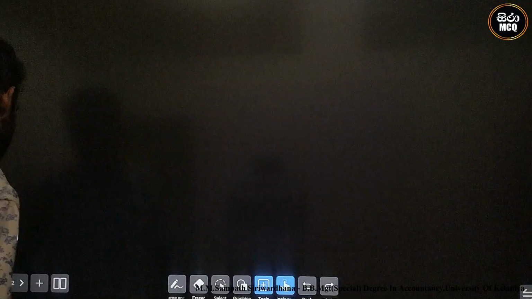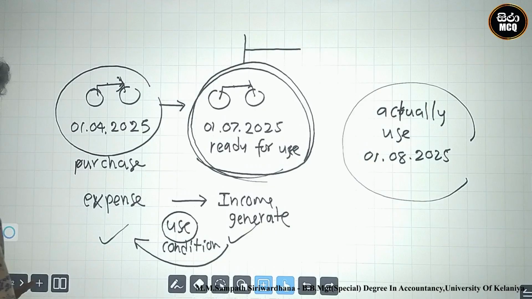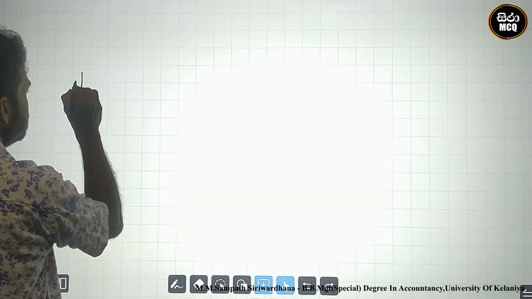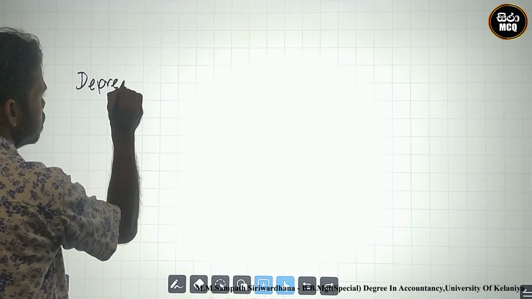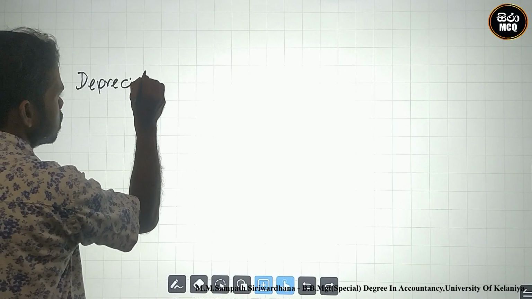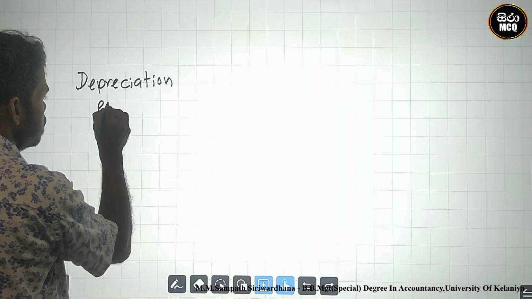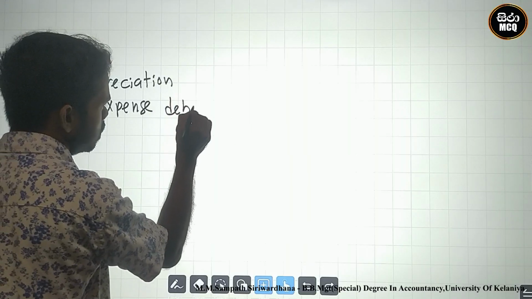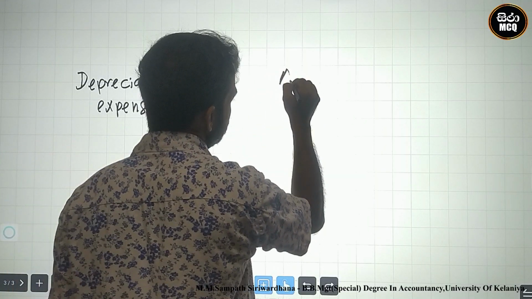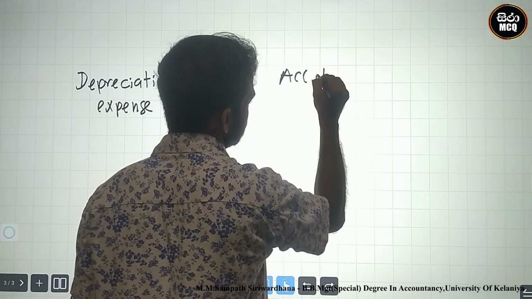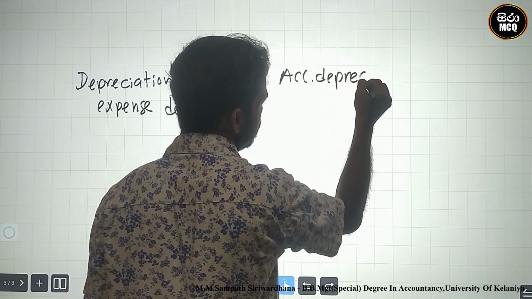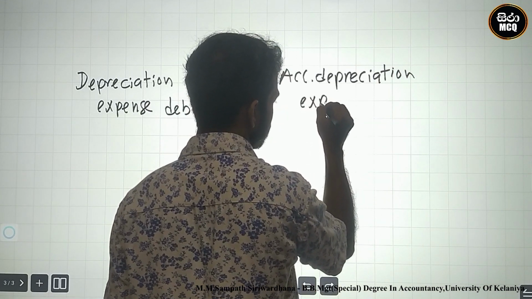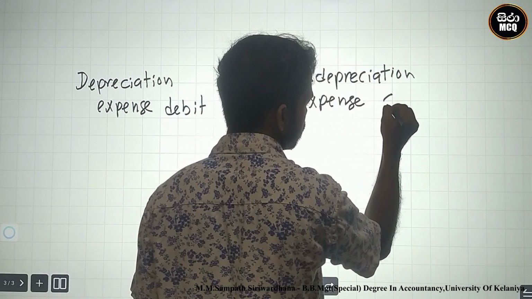Look here, depreciation expense double entry means depreciation expense debit, accumulated depreciation credit.